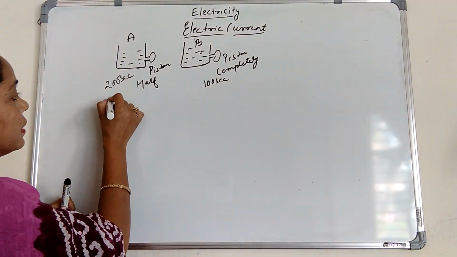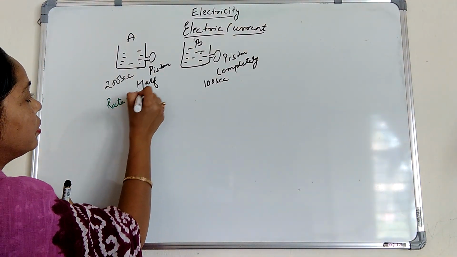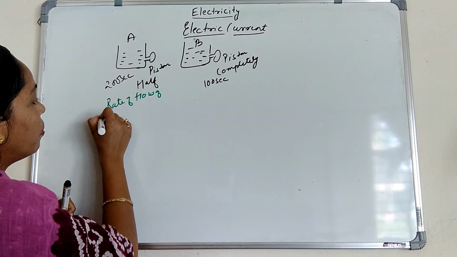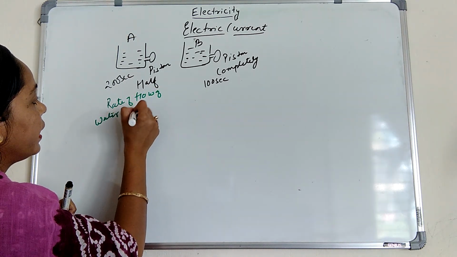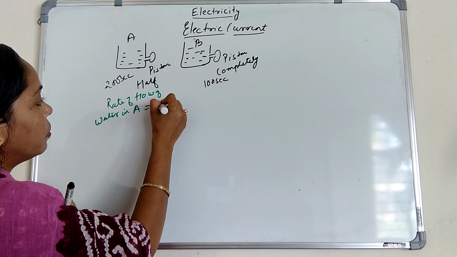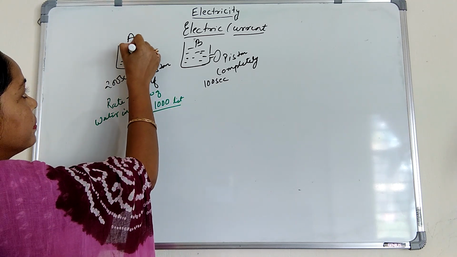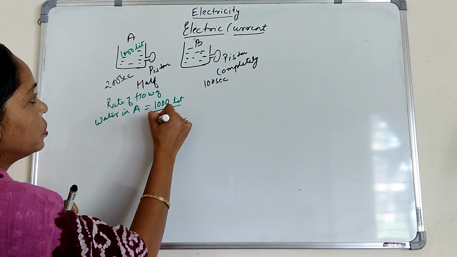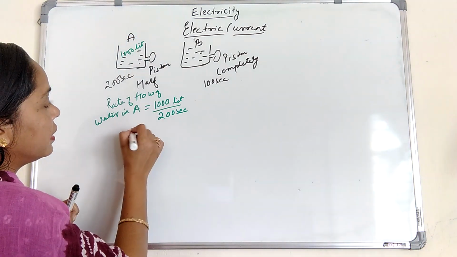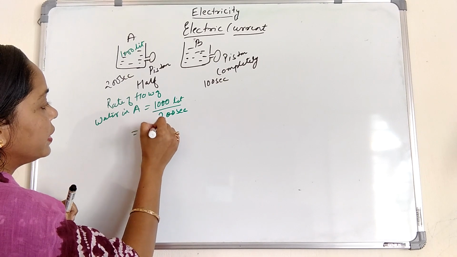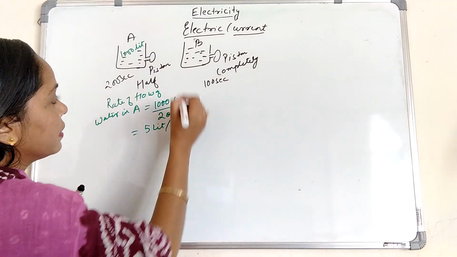So let's find the rate of flow of water in A, which is equal to 1000 liters divided by 200 seconds. So it is 5 liters per second.